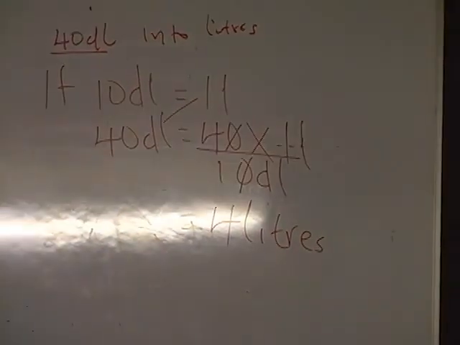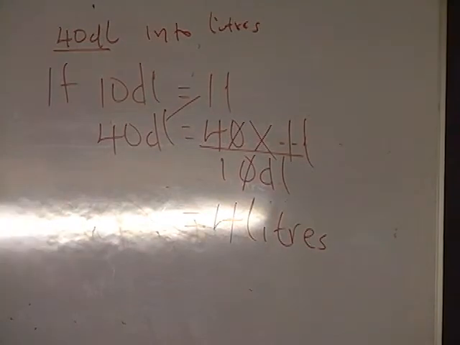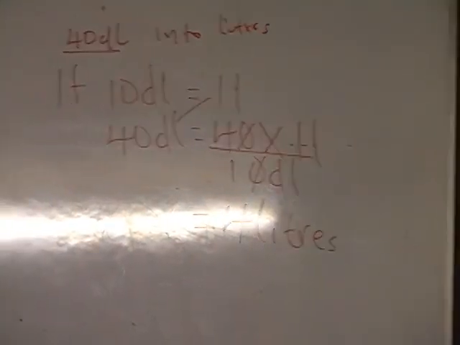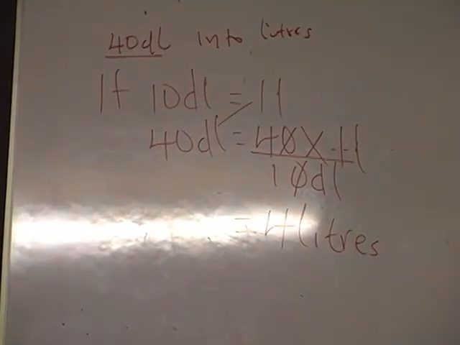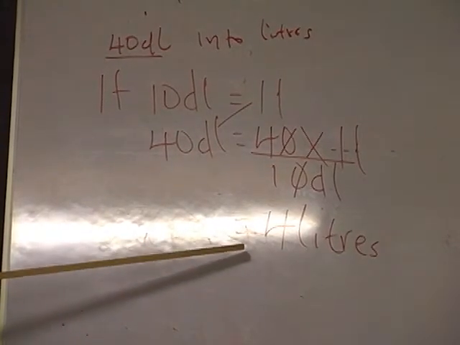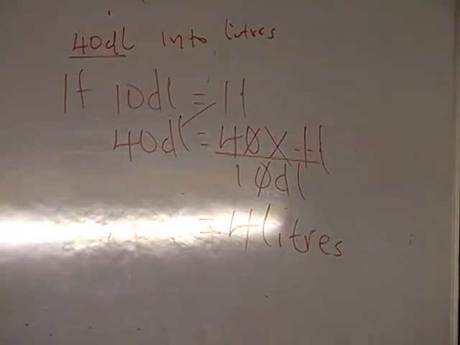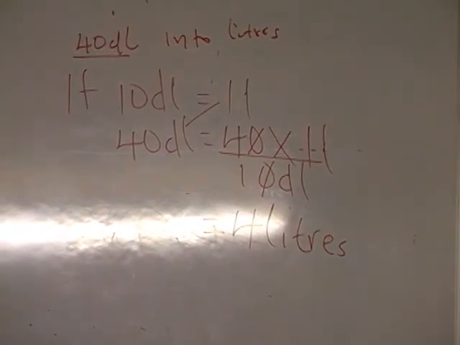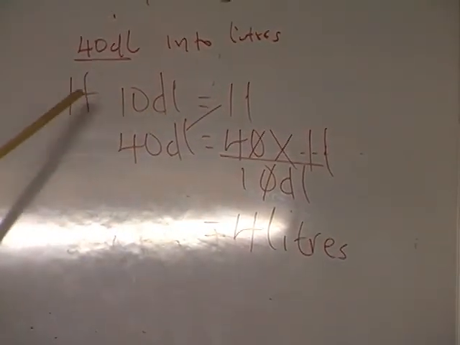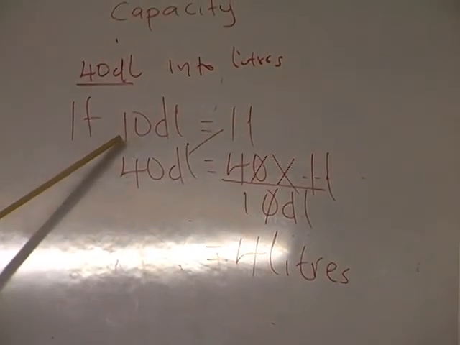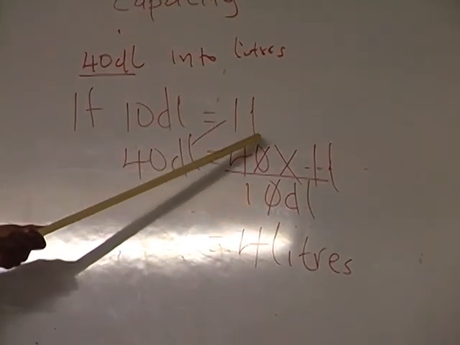So class, you've seen what one of us has just done. The answer that is given is correct. And how was he able to get the correct answer? Let's see how he started. One, he started by writing the formula that relates the two units.